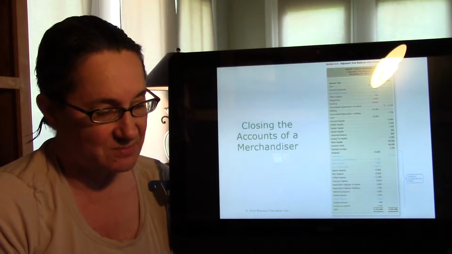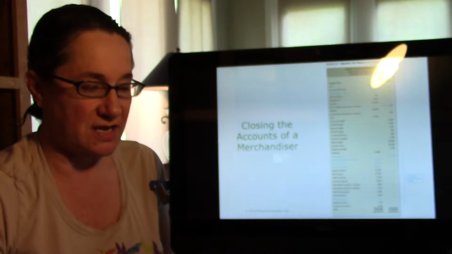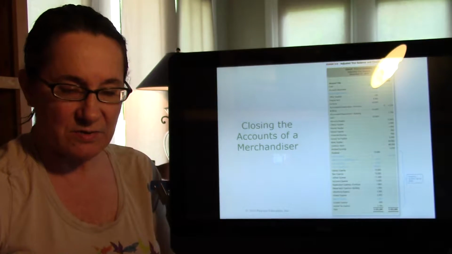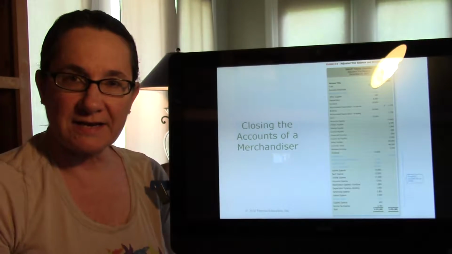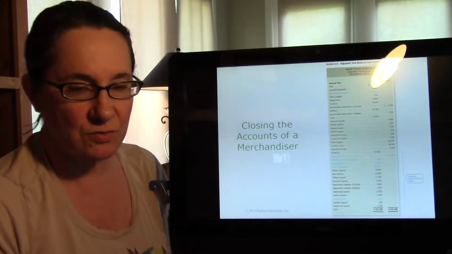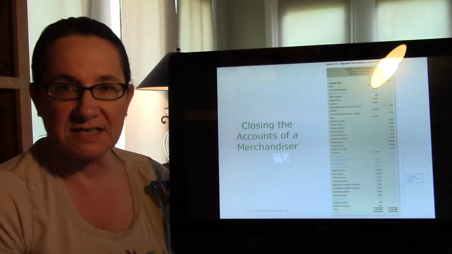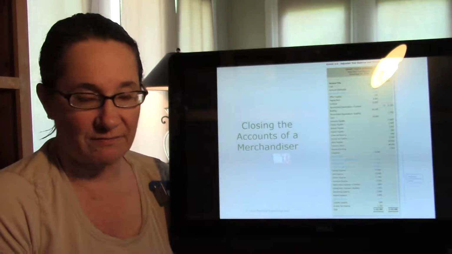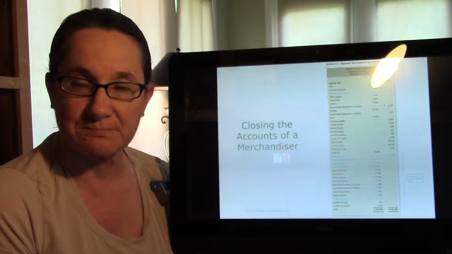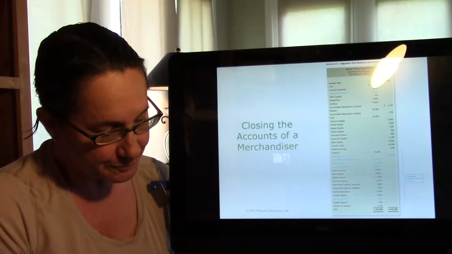So we're finishing up Chapter 5, which is merchandising. All we've been doing is discussing how stores that sell merchandise have a few additional transactions they have to keep up with, and it pertains to inventory. Quite frankly, that's the only thing that's really different. You're buying and selling inventory.